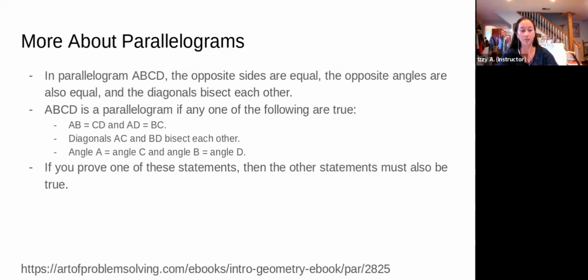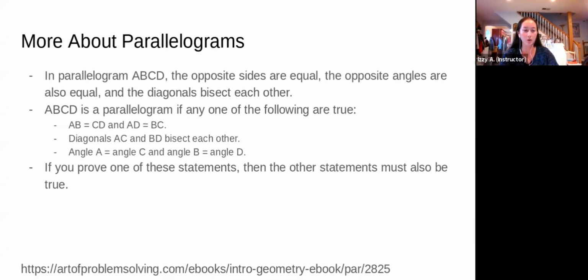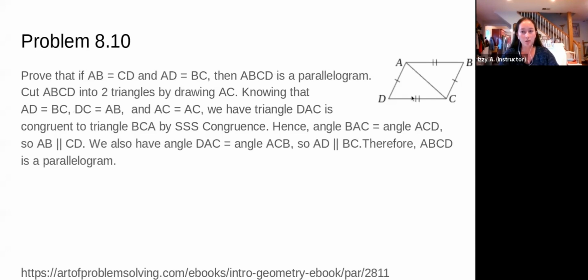So for the first statement, AB is equal to CD and AD is equal to BC, we can see that that would apply. So then therefore this would become a parallelogram. For the second statement, diagonals AC and BD bisect each other. So imagine that we have diagonal AC. Imagine if there's another diagonal here.